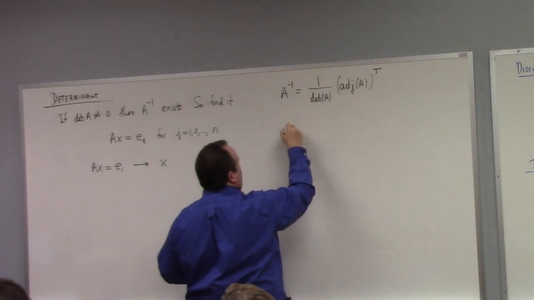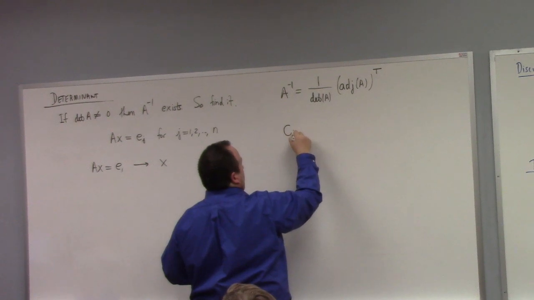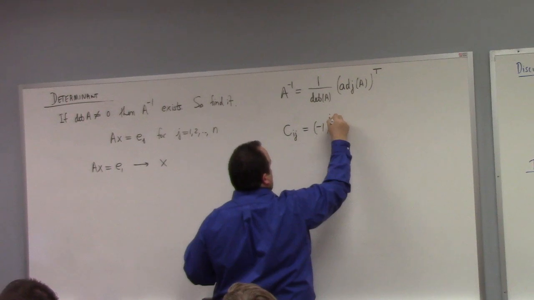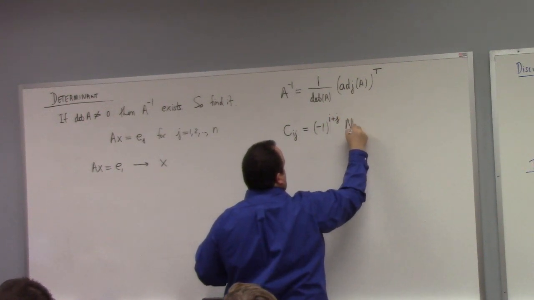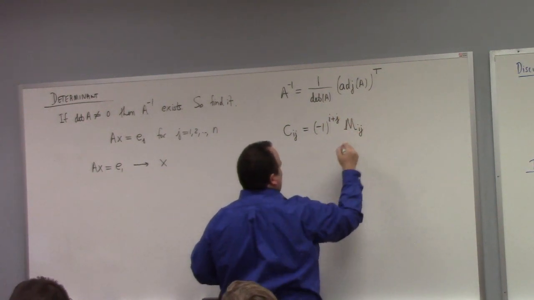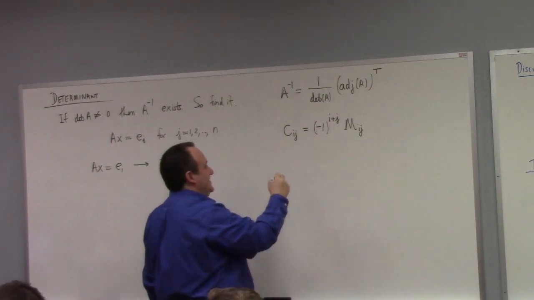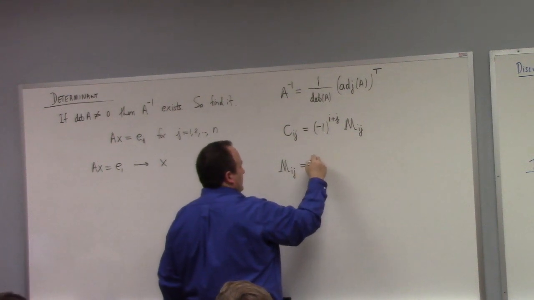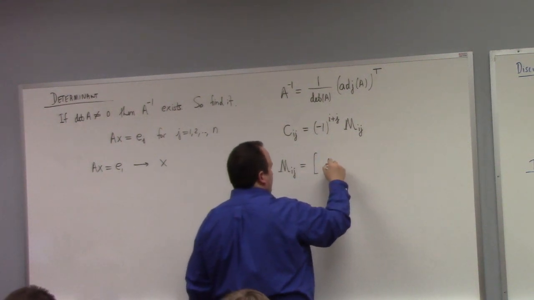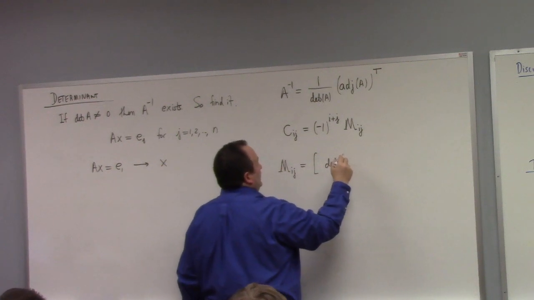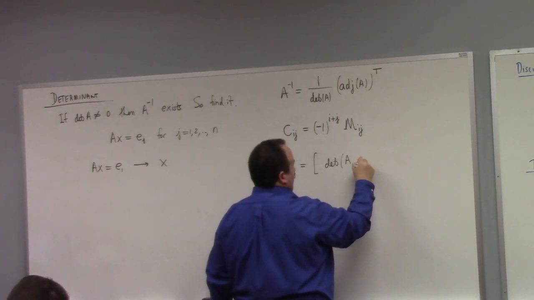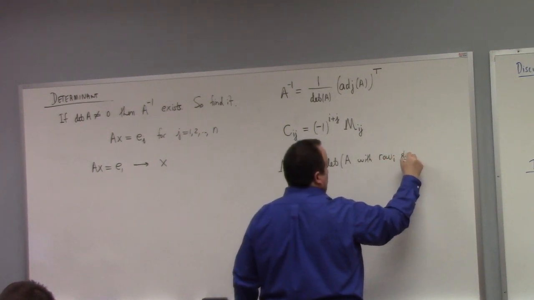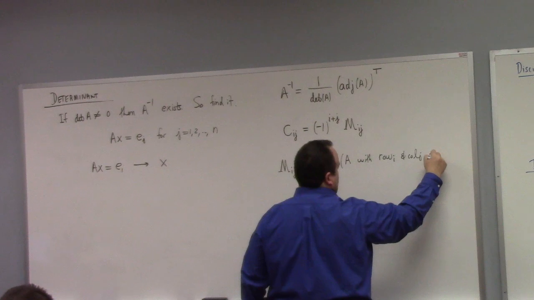So C_ij is equal to minus 1 to the i plus j M_ij. What's M_ij? M_ij is the determinant of, in this current context, A with row i and column j deleted.